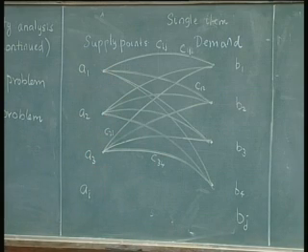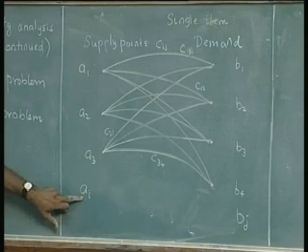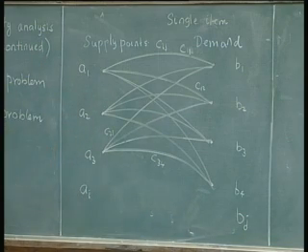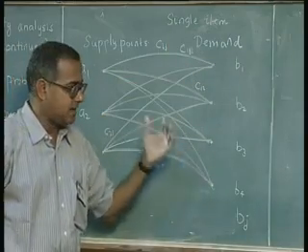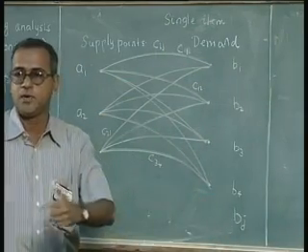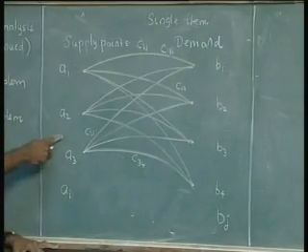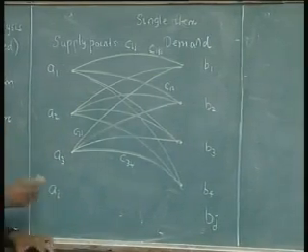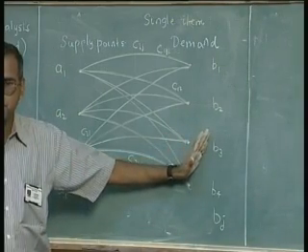So the problem is this: given a certain m number of supply points, i equal to 1 to m, given n demand points, Bj, j equal to 1 to n, where Ai is the supply available at point i, Bj is the requirement of point j.